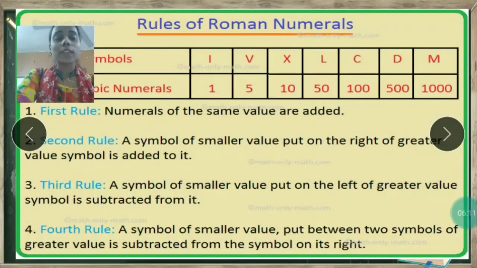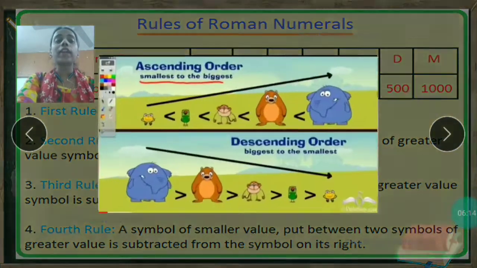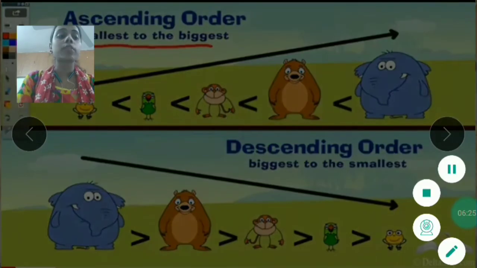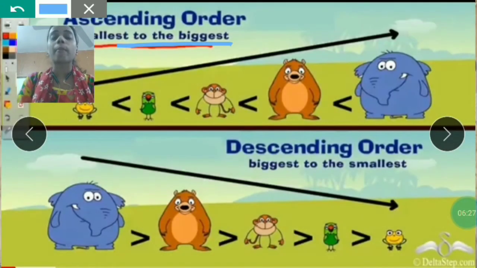Okay, so let's see, student, what we are going to learn. Today we will learn the ascending and descending order of Roman numerals, but it is the same as we have done earlier. Student, we all know, what do you mean by ascending order? Ascending order means increasing order. It means that when we arrange our numbers from smallest to greatest, that is called ascending order.